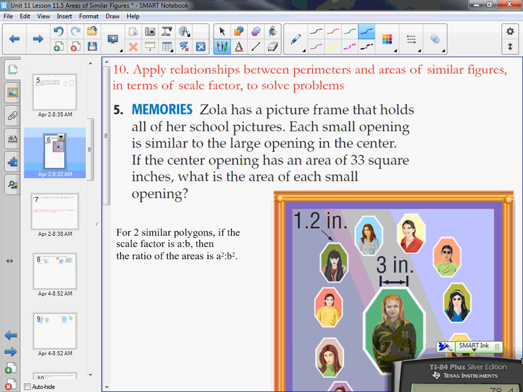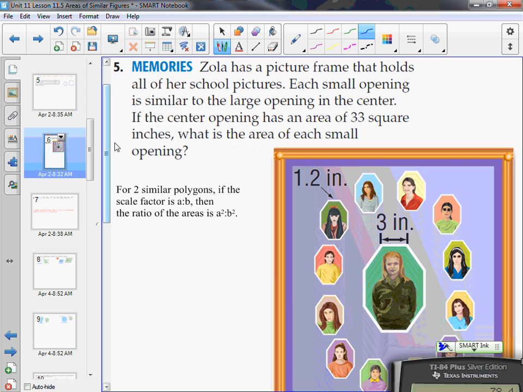And last example. Zola has a picture frame that holds all of her school pictures. Isn't that sweet? Each small opening is similar to the large opening in the center. So all of those, what are those things? Octagons? They're not regular, but they're all similar to each other.